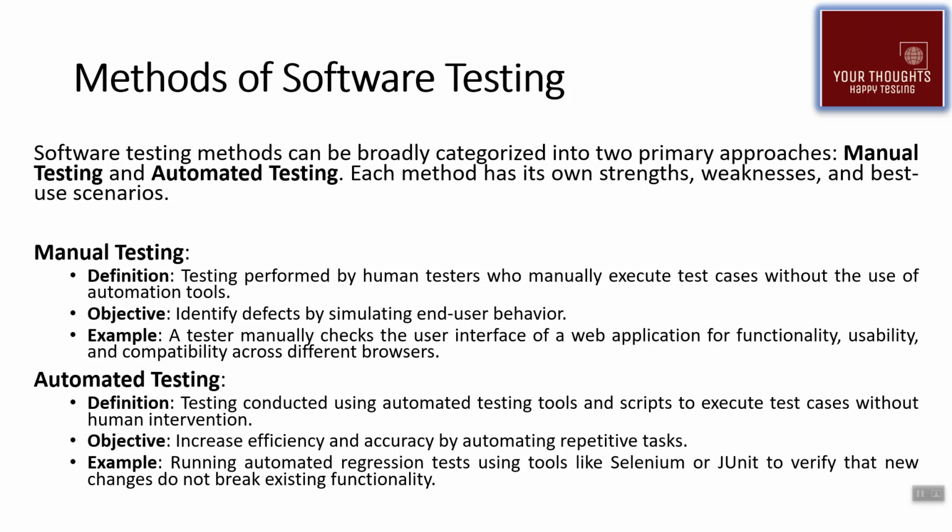Let's suppose we have a login page and we have to log in every time we do testing, so we can skip this part by automating it. The same goes for other areas, like the regression suite we have, where we have to do some additional work every time we have a build, so we can automate those.